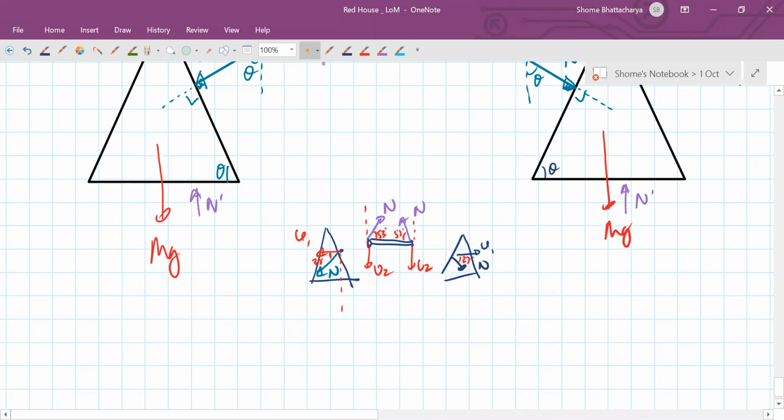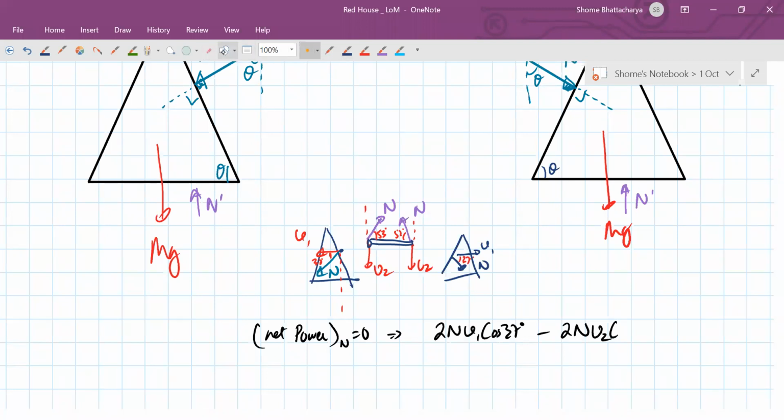So when we apply the concept that net power due to normal contact force should be 0, for these two there will be 2N v1 cos 37, and for these two there will be, sorry, the angle with the vertical is 53, my mistake. Because theta was 53 degrees.